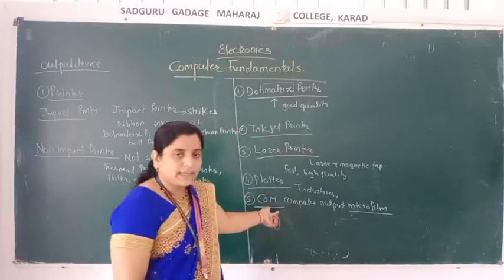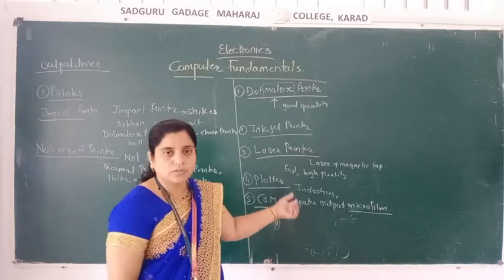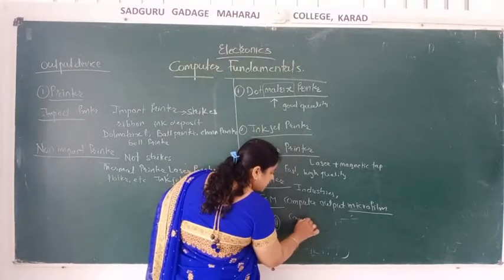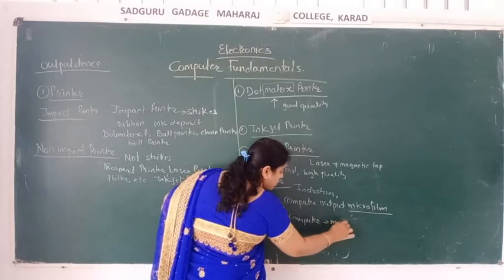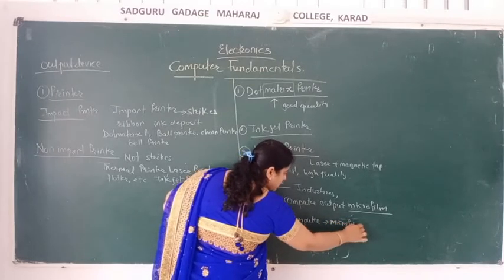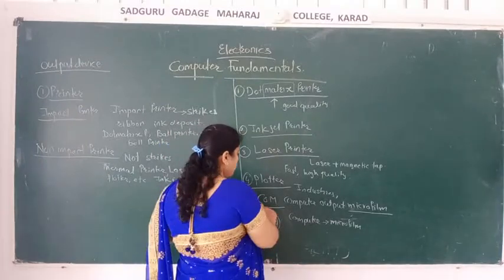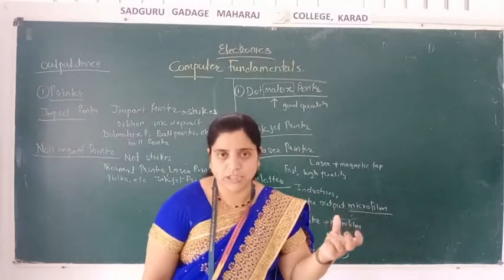Whatever data we are giving for the print, it does not go directly to the printer. It goes first to the computer, then the computer gives it to the microfilm, because the speed between this COM and the CPU is not matched.